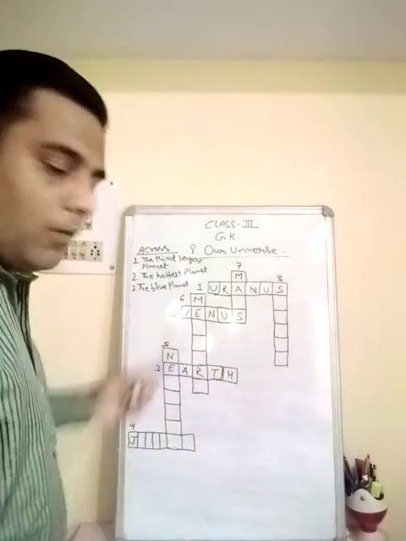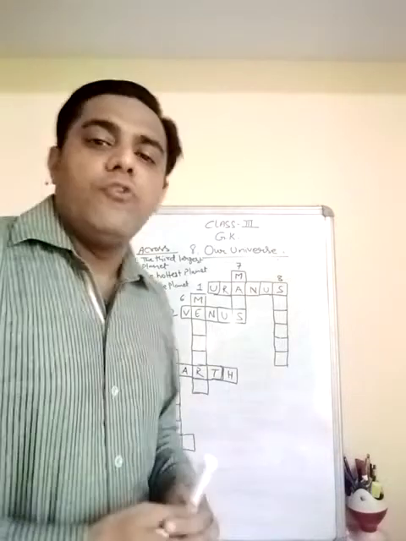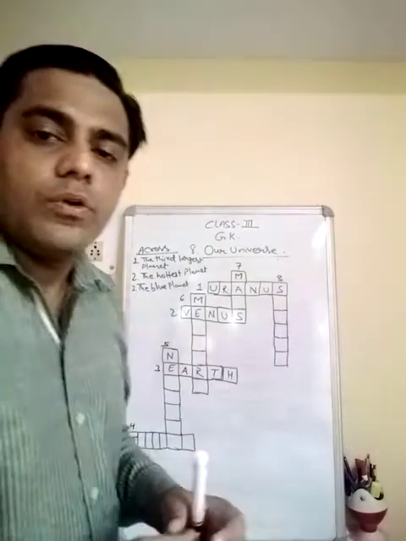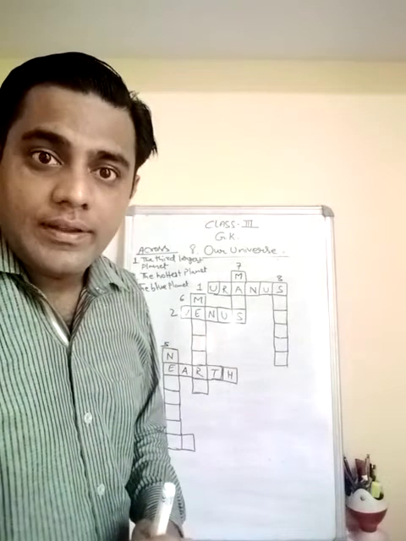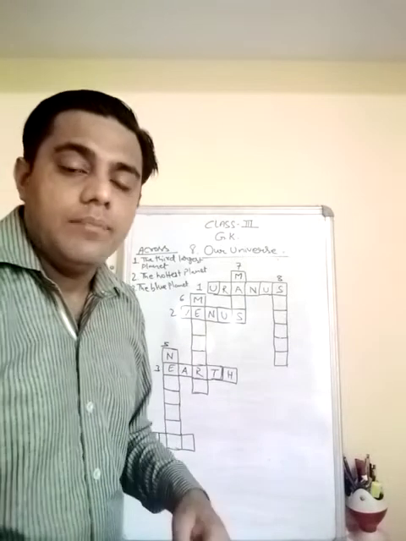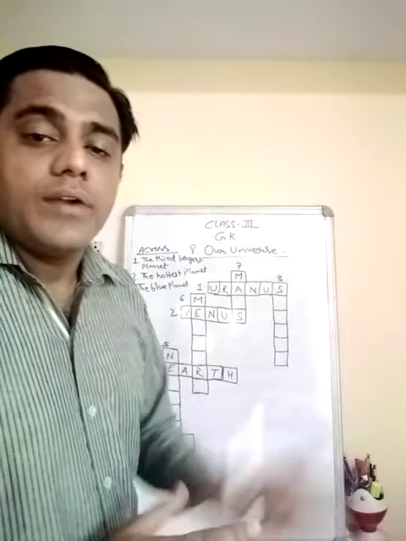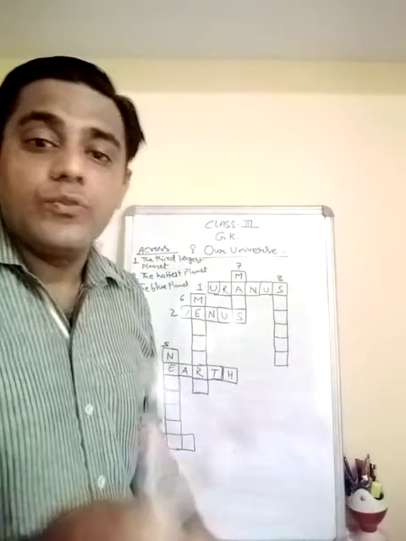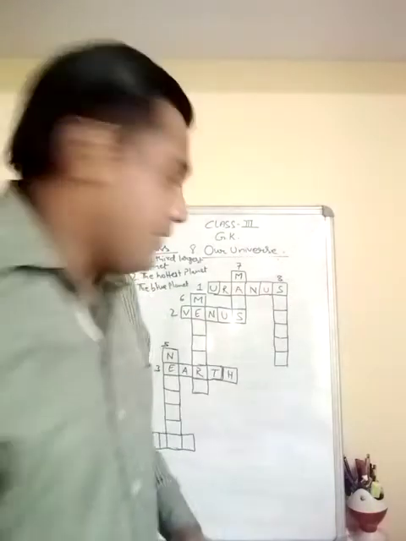Now why Earth is called the blue planet, dear children, is because 3/4 of our Earth, that is more than 70% of our Earth, is covered with water bodies. Means if our Earth is divided into 4 parts, roughly 3 parts are water, only 1 part is land. That's why our Earth is also referred to as the blue planet.